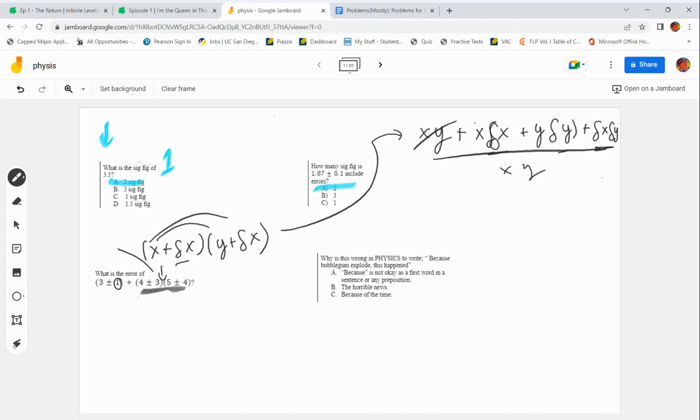Wait, that's not right. I think I did something wrong, but let's just go do it. x divided by y, you see over here, plus y divided by x plus, oh okay, I definitely did something wrong here.